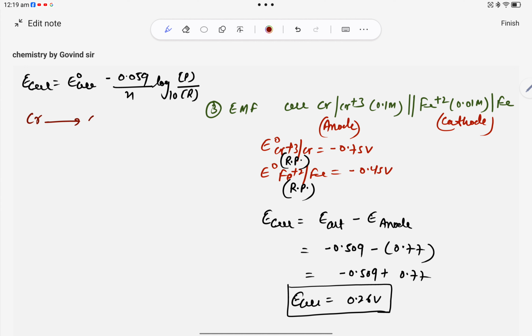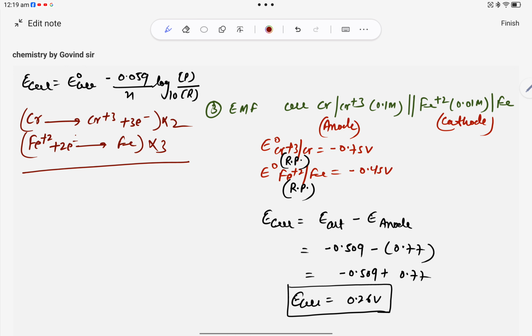Chromium is converted into chromium plus 3 with 3 electrons, and Fe plus 2 accepting 2 electrons converted into Fe. Electrons should be cancelled, I told you. So this should be multiplied by 3, this should be multiplied by 2. Then electrons cancel. We will get 2Cr plus 3Fe plus 2 gives 2Cr plus 3 plus 3Fe.